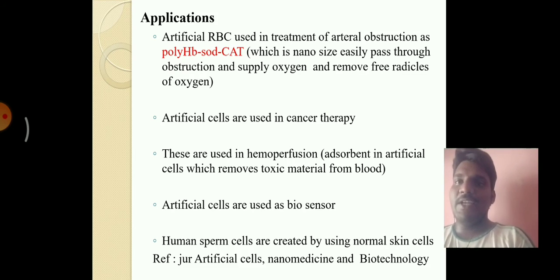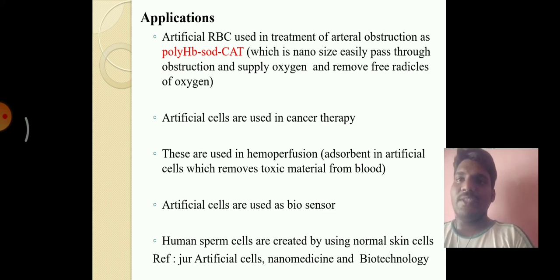There are various applications using these artificial cells. Majorly, artificial RBC is used in treatment of arterial obstruction. During plaque formation, the RBC are not able to pass through the plaque and do not carry sufficient oxygen to the organs.